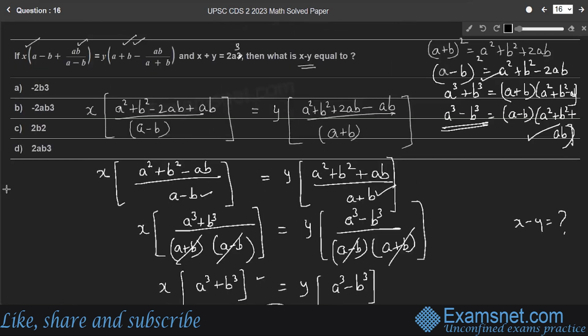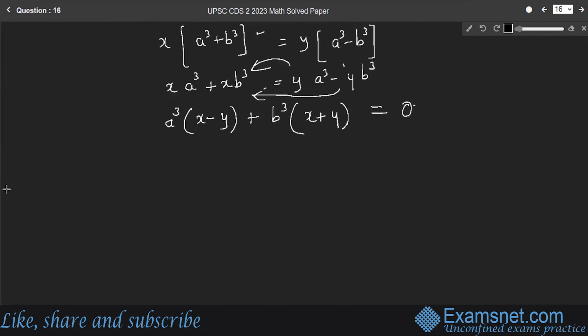And the value of x plus y is 2a cube, which is already given. Substitute that, right? So a cube into (x minus y) plus b cube into 2a cube is equal to 0. Therefore, a cube into (x minus y) is minus 2a cube b cube.